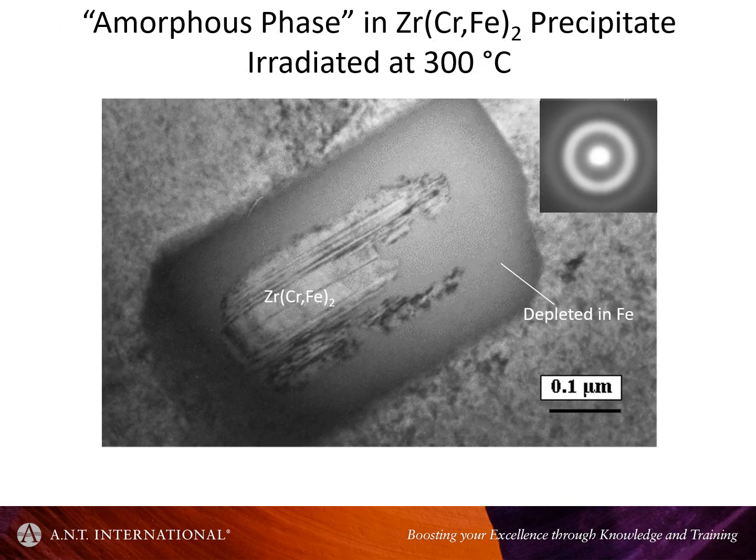Something more relevant to the U.S. industry is at higher temperatures, around 300 degrees C, not the zirconium-nickel precipitates, but the zirconium-iron precipitates, they became amorphous. And it was something unusual in that the amorphous layer started from the external part of the precipitate and advanced inwards with increasing fluence.